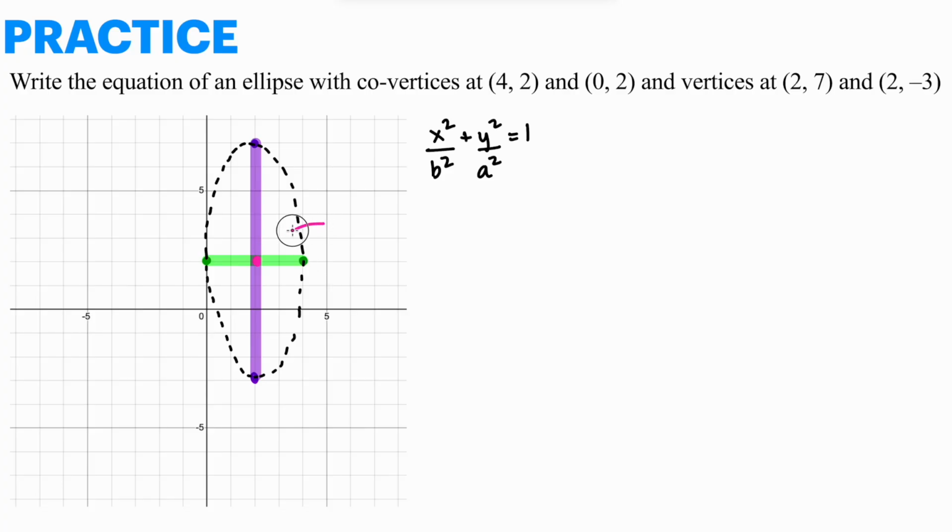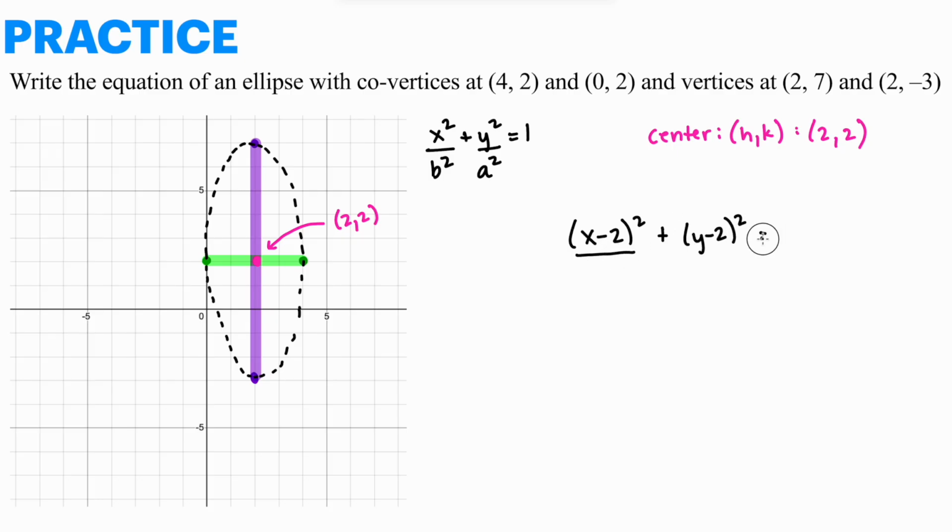So therefore, my center is going to be at 2, 2. So my center, which is H, K, is going to be at 2, 2. So therefore, I know that it is going to be x minus 2 squared, y minus 2 squared, because remember, the original formula is a minus.